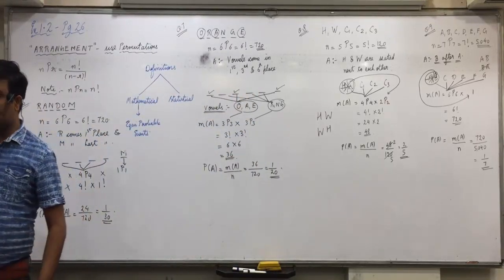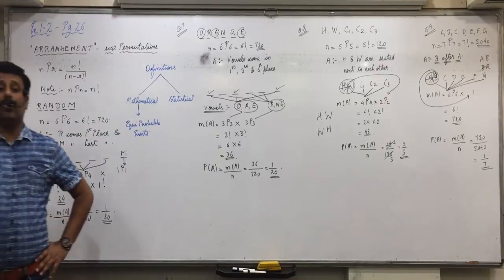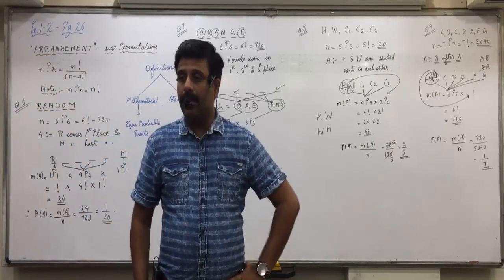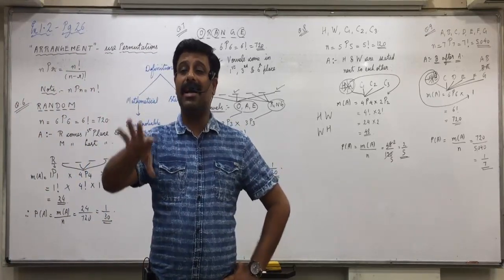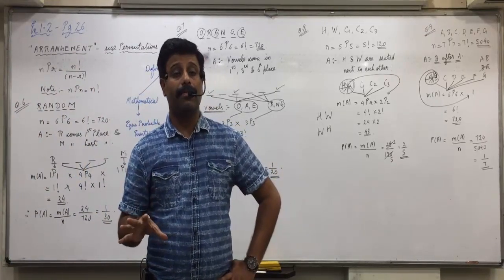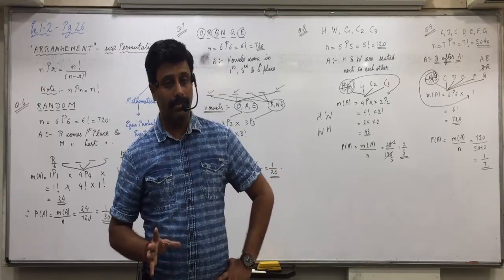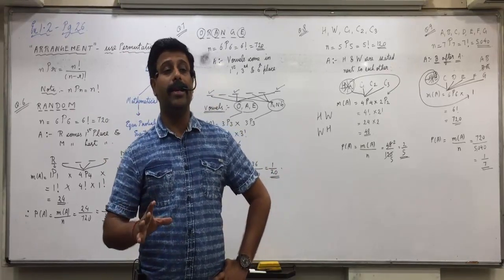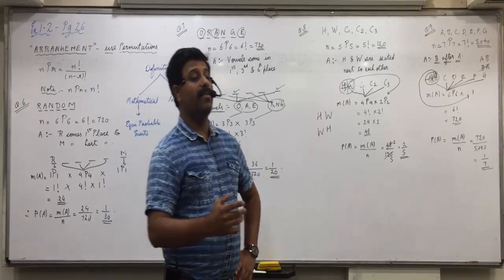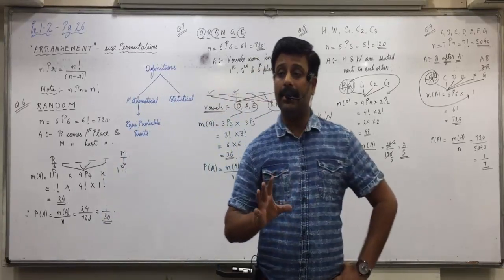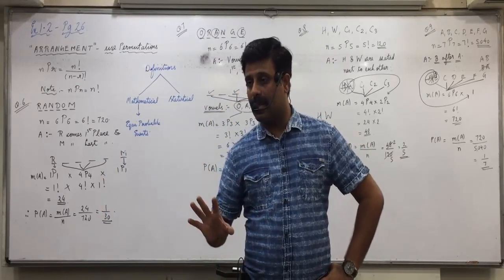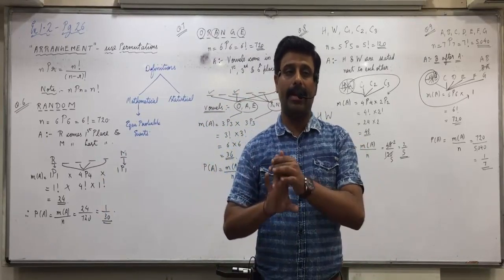Now, as I said, one more last term is there. If you throw the dice, 1, 2, 3, 4, 5, 6 are the outcomes. If you divide the 6 outcomes into 6 events, event A is 1, event B is 2, event C is 3, D is 4, E is 5, F is 6, then these events are called elementary events. Such events have 3 characteristics.